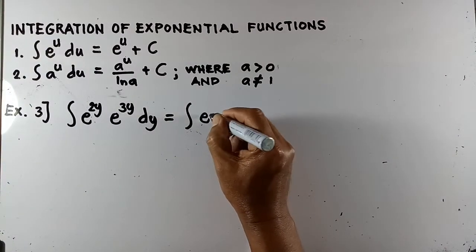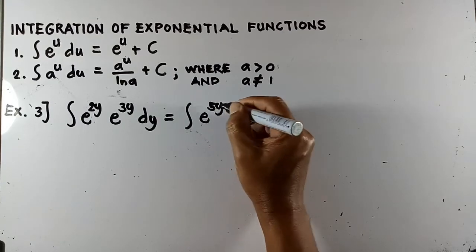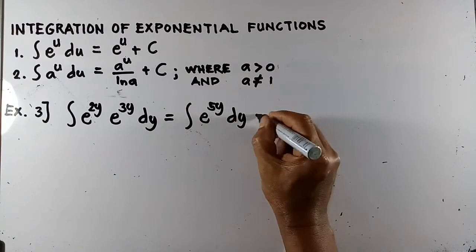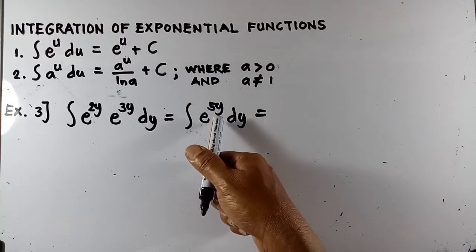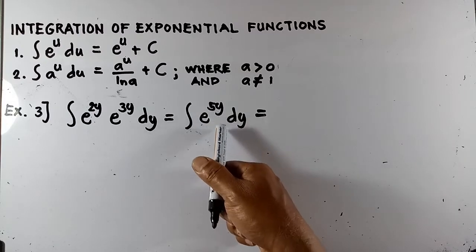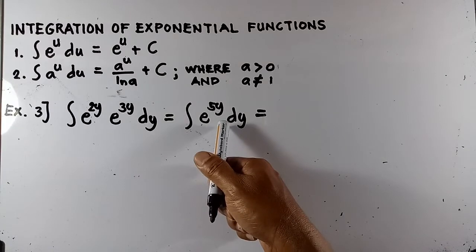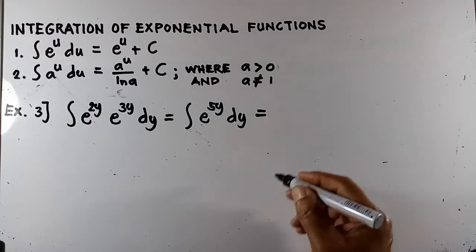And this is equal to e raised to 5y dy. Ngayon, ang kompletong derivative ng 5y ay 5 times dy, you know. So, kung may 5 doon, ay magiging integrable na yung ating problem.